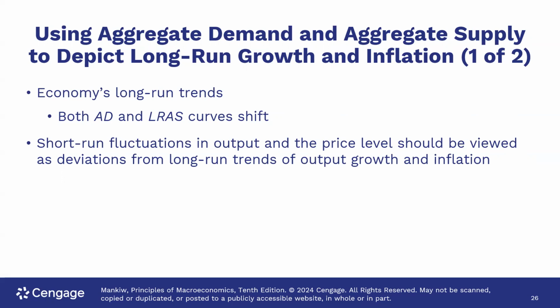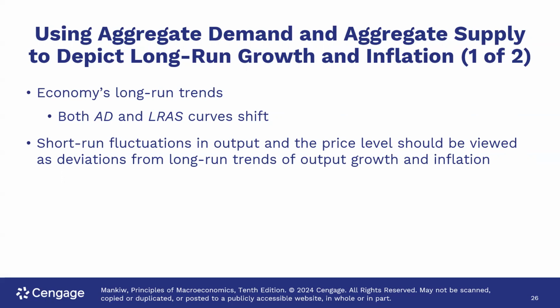All right. So after we get the aggregate demand and the long run aggregate supply, then we can use those two curves to discuss the long run implication between economic growth and inflation.